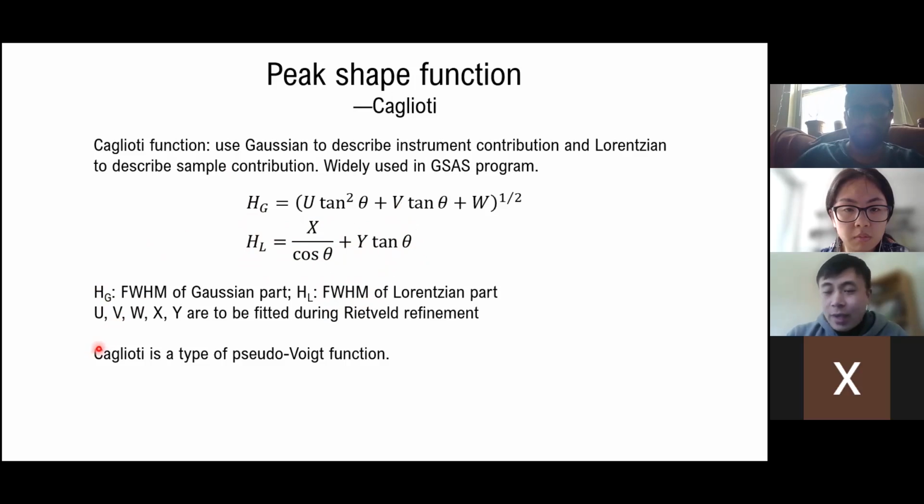And there, we can see Caglioti is just a type of pseudo-Voigt, meaning that for each peak, it is assuming that the peak shape is some part of this and some part of this. It is simply eta times HG plus 1 minus eta times HL.